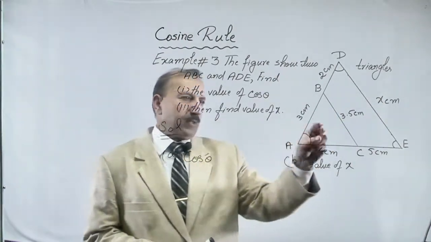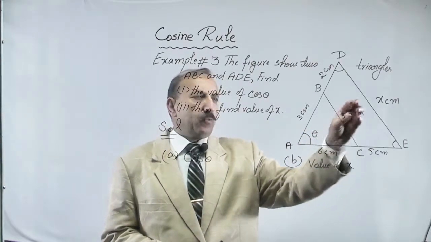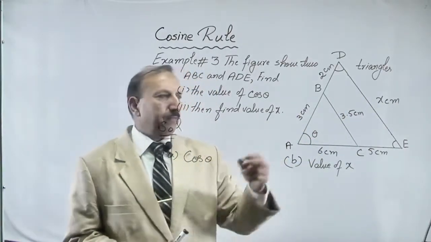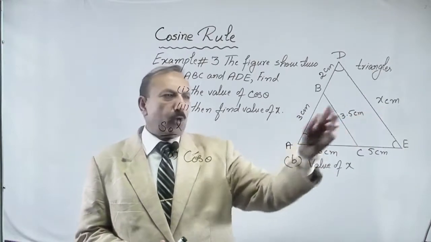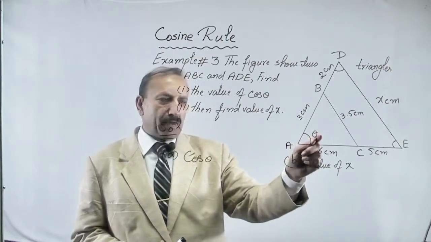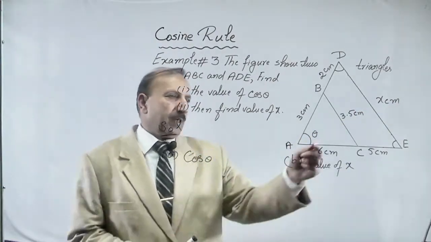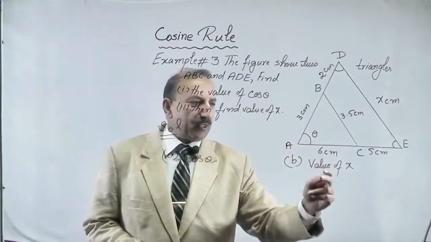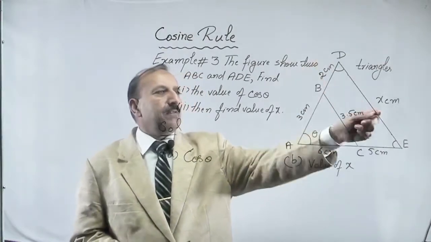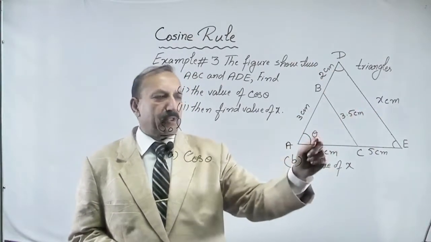We will try to understand how we can move in this question, whether we should move directly for x, or there is a step where we need to have the angle here, then we can move towards x. Yes, of course, if we want to find x, this length is given, this length is given, but we must have the angle here.